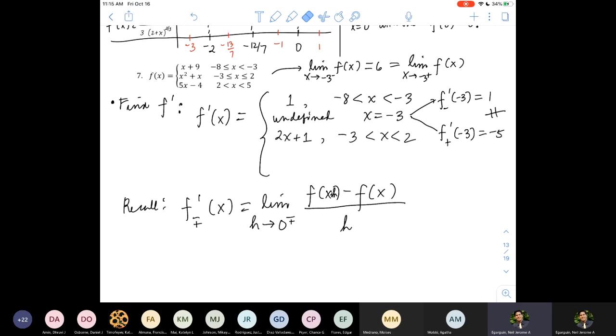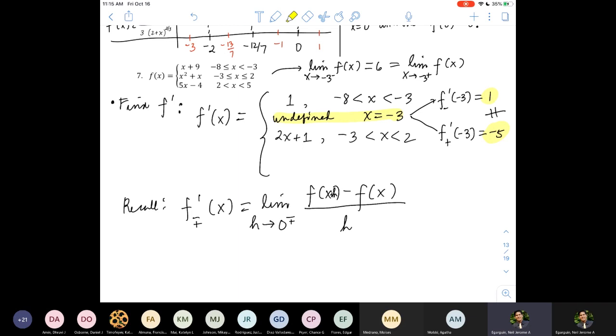And it's very crucial on that transition because that transition point might be a point where a cusp will occur, a sharp turn or a sharp corner can occur. So that means we need to be a little bit careful in dealing with that. So for instance, here, we see that at x equals -3, the derivative is undefined because from the left, the tangent has slope 1, from the right, the tangent line has slope -5.